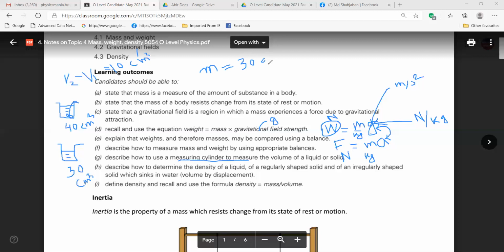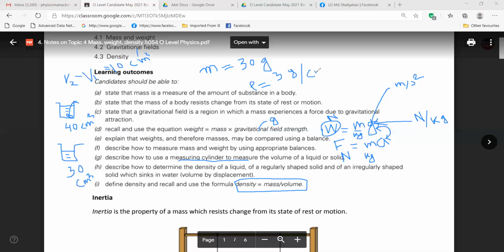Density is 10? No, not 10, 3. Density is m by v, right? Here we got 30 by 10. So it will be 3 gram per centimeter cube, right?